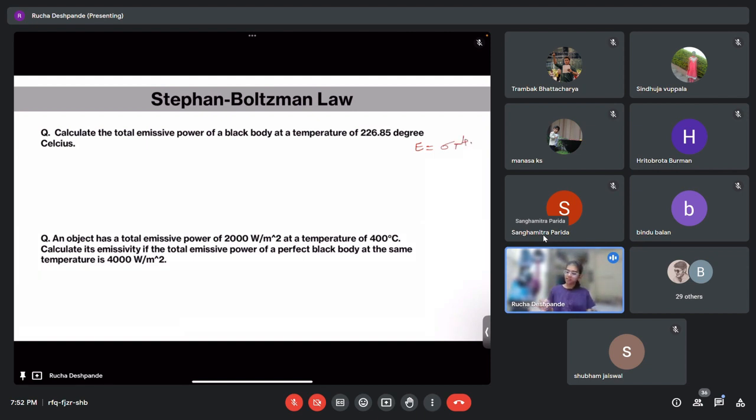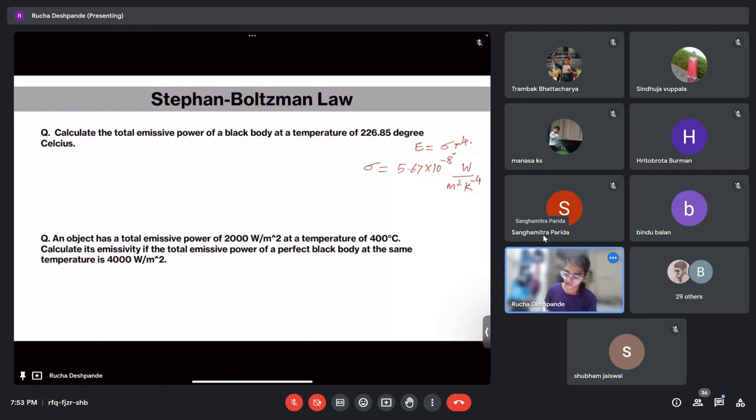It says that total emitted radiation from a black body is directly proportional to the fourth power of the temperature. And sigma over here is the Boltzmann constant. So the value of sigma is 5.67 into 10 to the power minus 8 watt per meter square per Kelvin to the power minus 4. So try to solve this and then we'll discuss.